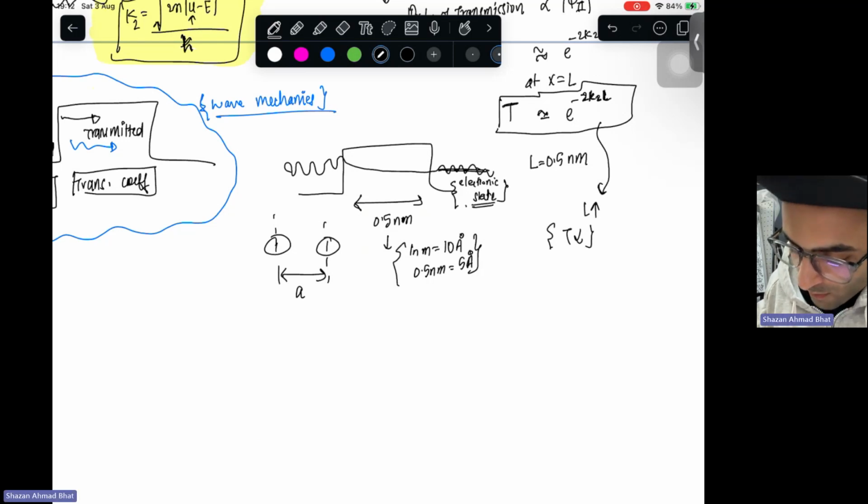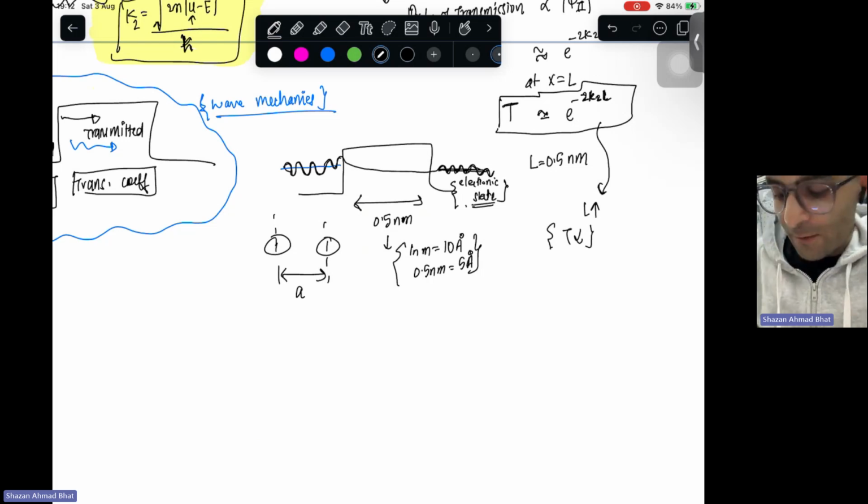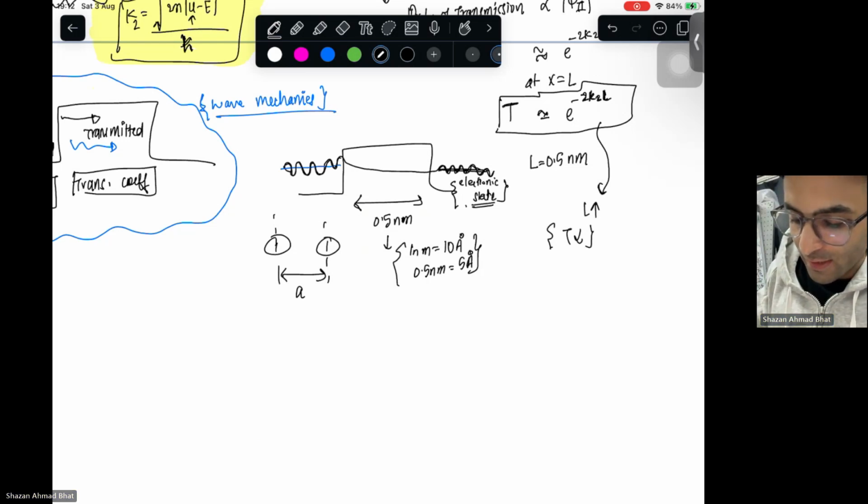Now the weird part here is that the amplitude of the electronic wave, the probability wave, is higher here and lower here. That just comes from solving the Schrodinger equation, and you will notice a lesser amplitude of this probability wave on the other side of the barrier.